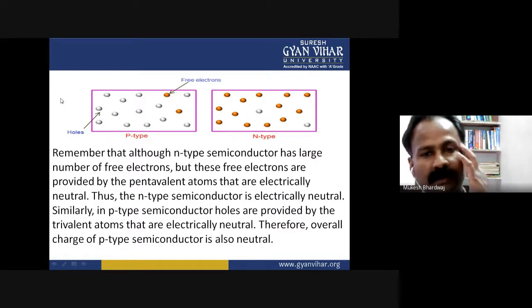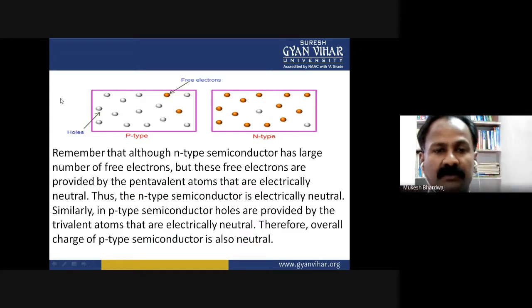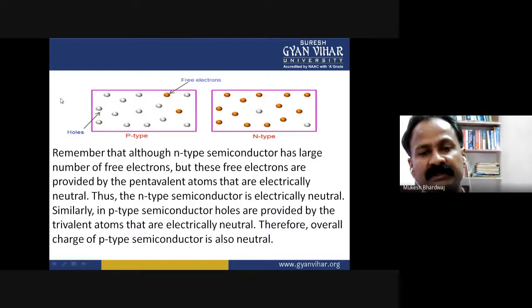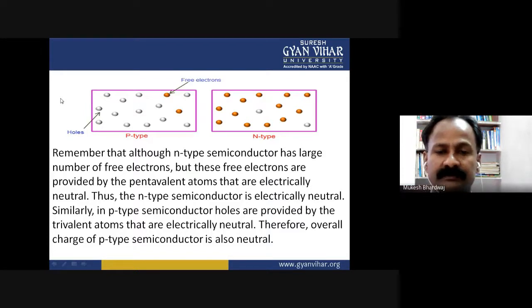Remember that although n-type semiconductor has a large number of free electrons, these free electrons are provided by the pentavalent atoms that are electrically neutral. Thus, the n-type semiconductor is electrically neutral. Similarly, in p-type semiconductor, holes are provided by the trivalent atoms that are electrically neutral. Therefore, the overall charge of p-type semiconductor is also neutral.